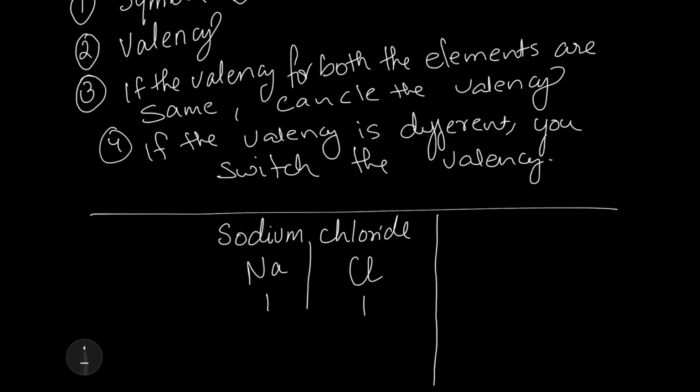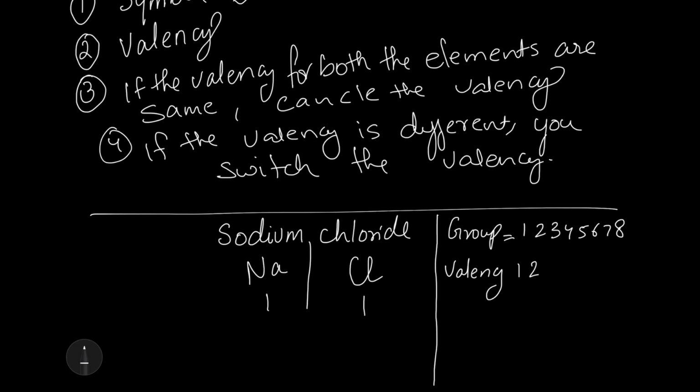Now, those who don't know about valency, or those who don't have any idea about how I got 1 for both, just have a look. So how many groups are there in the periodic table? 8.